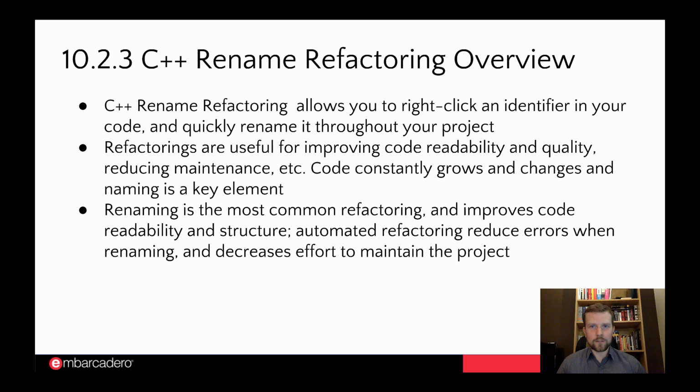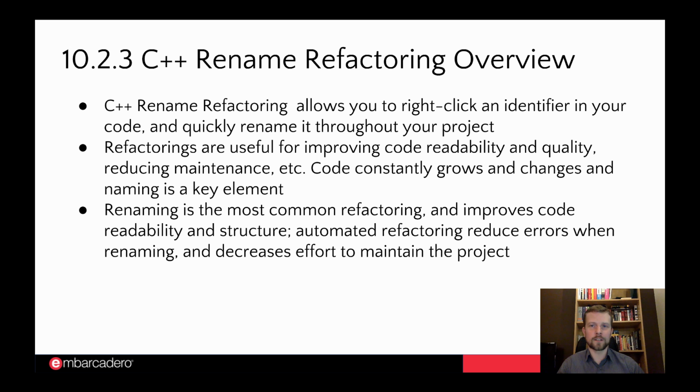So the first one is introducing rename refactoring. I mentioned earlier that we are focusing on extending our C++ IDE tooling, and rename refactoring is one of these features. Refactorings of all sorts are very useful for improving your code quality, for reducing maintenance and more. Code constantly grows and changes, and refactoring that code is essential.